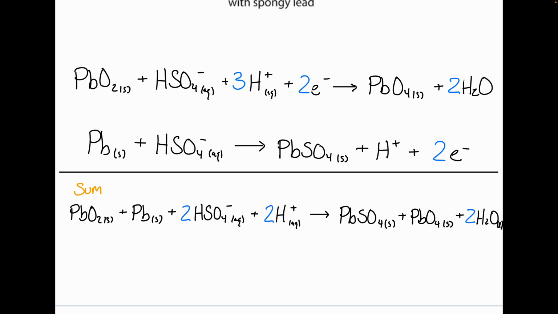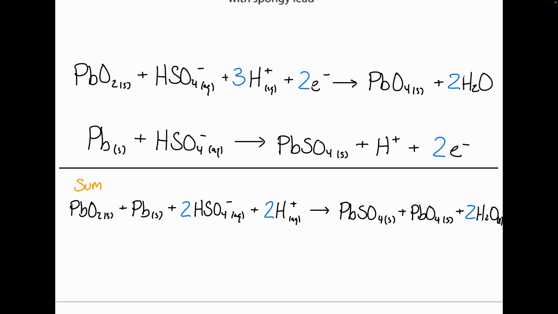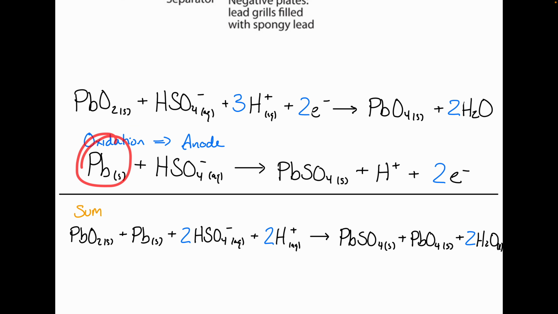We're losing electrons if they're on the product side here. So this is our oxidation reaction, which implies this is our anode. So that spongy lead is the anode of our battery. And our reduction reaction is taking place at that cathode.